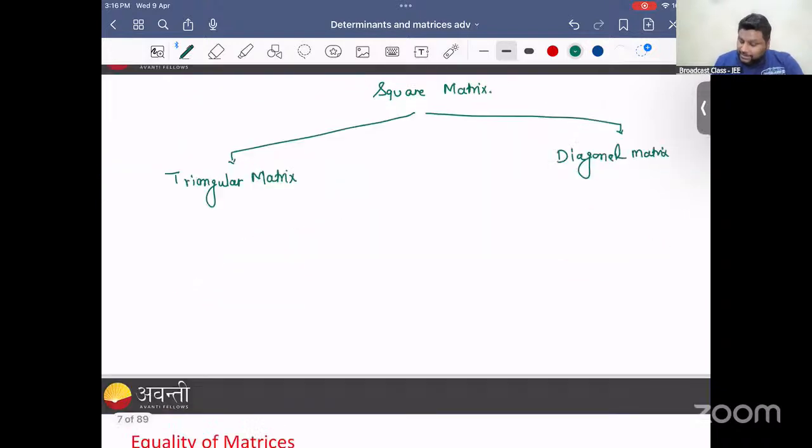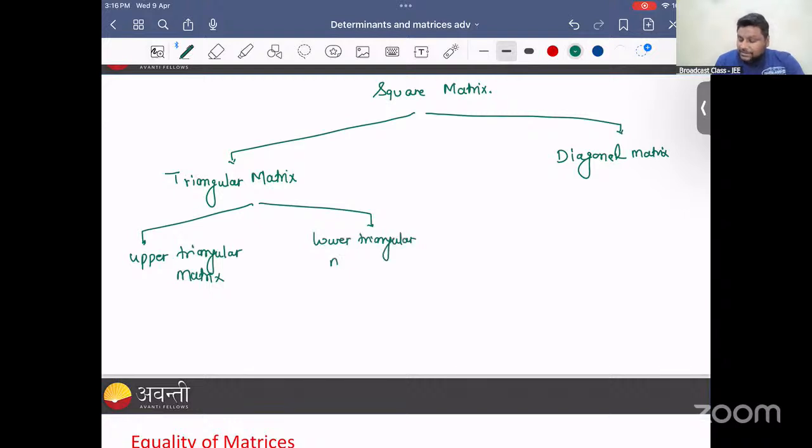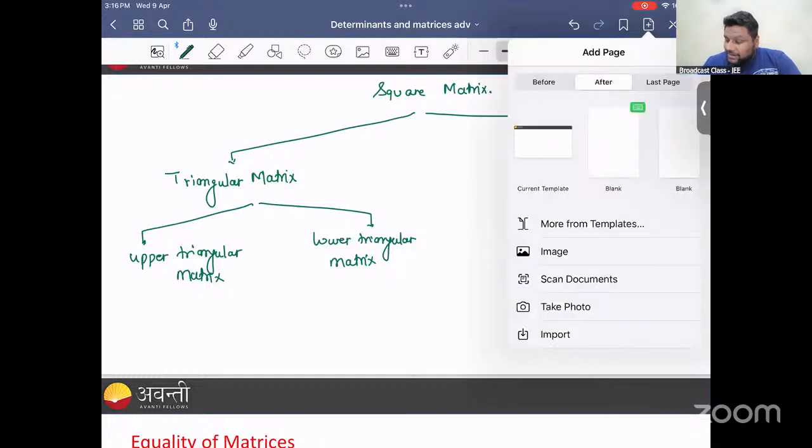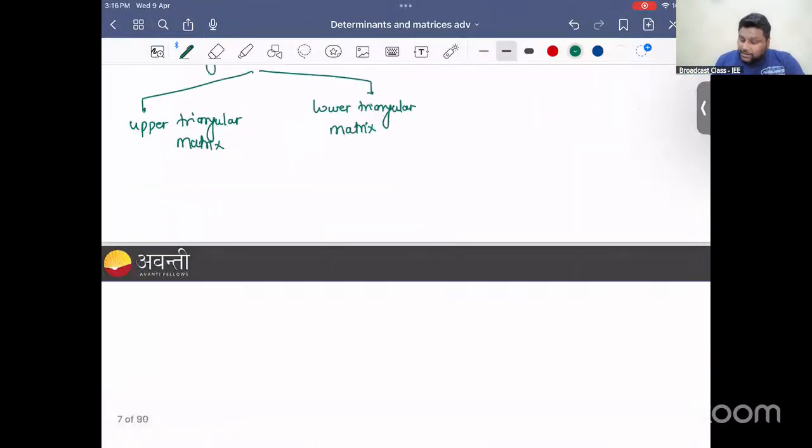Now in triangular matrix, further we see upper triangular matrix and lower triangular matrix.